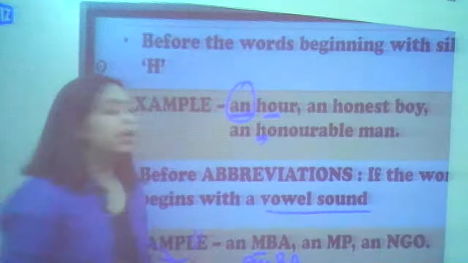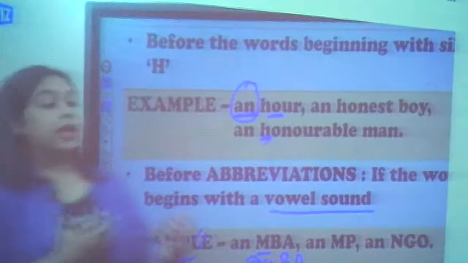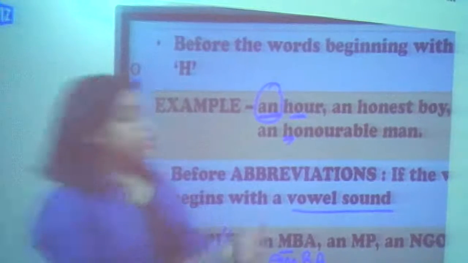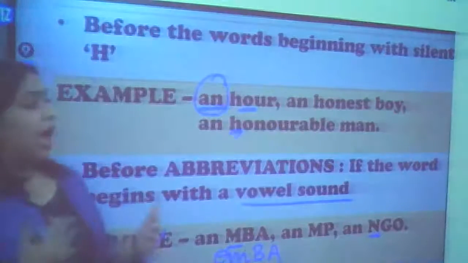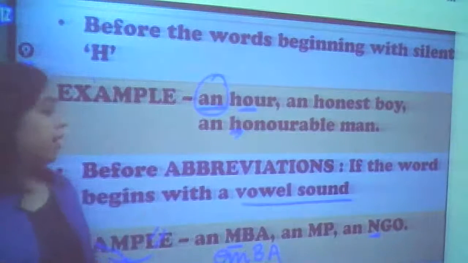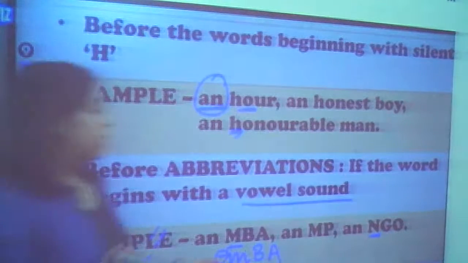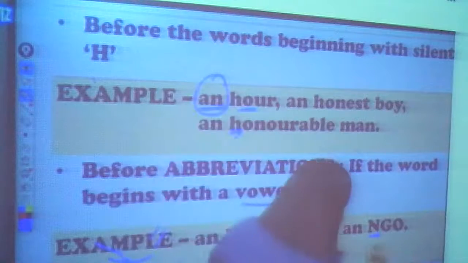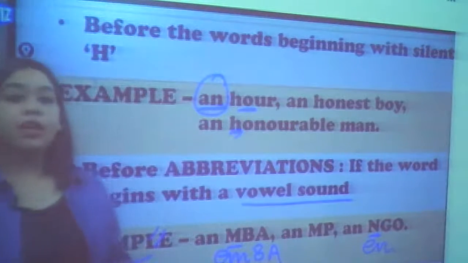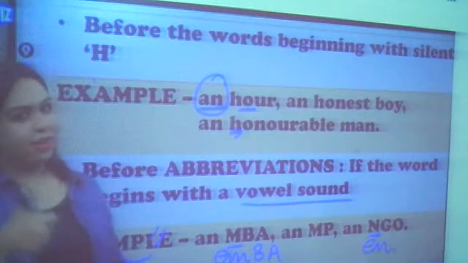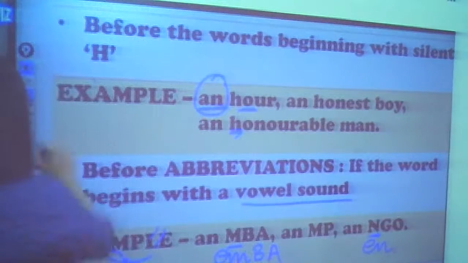That's why we say an MBA, an MP, and an NGO. Again, it's the same. Now some people will say that an NGO is not right. It works, because listen carefully: 'en', the sound is again 'en'. So we say, I am working for an NGO. Correct.